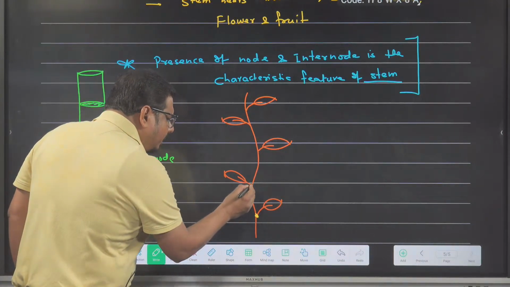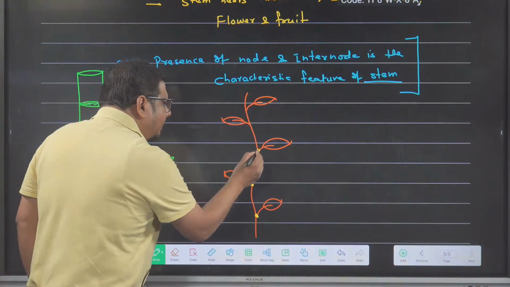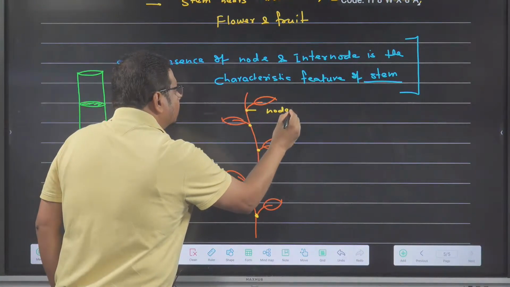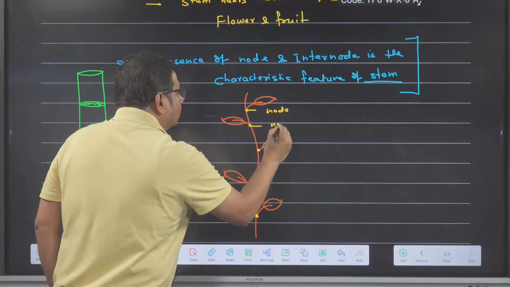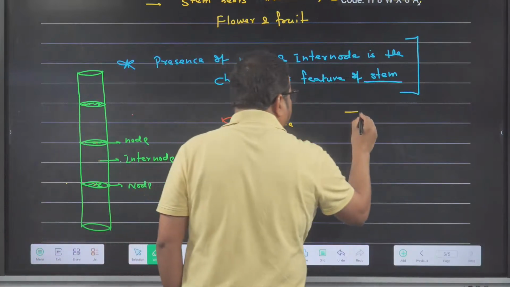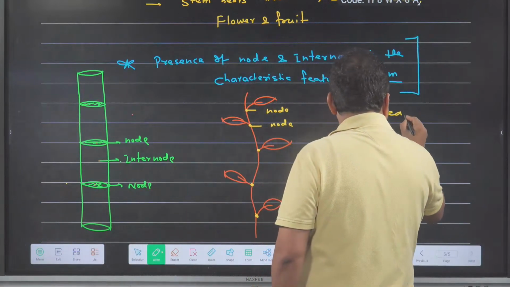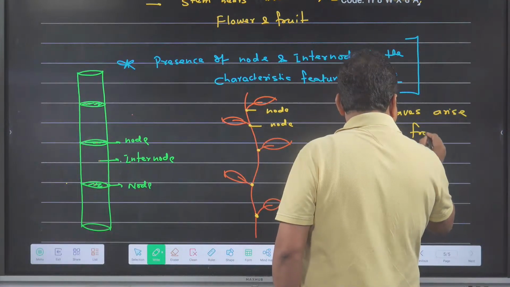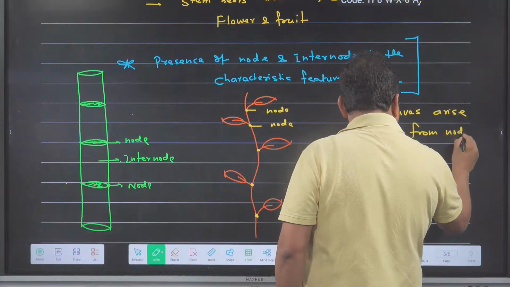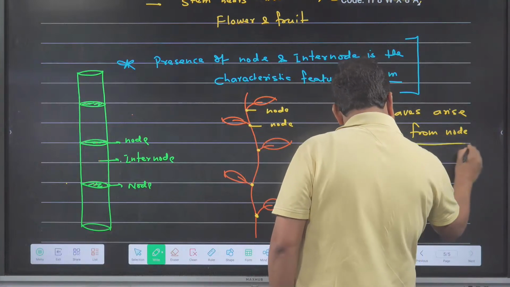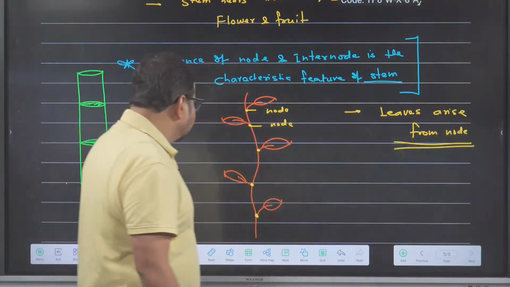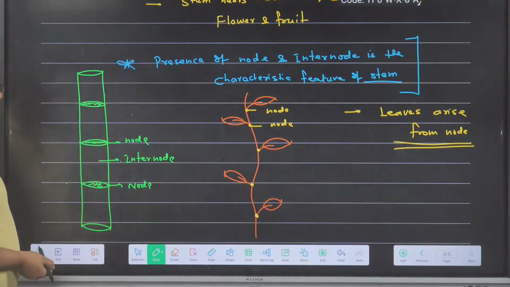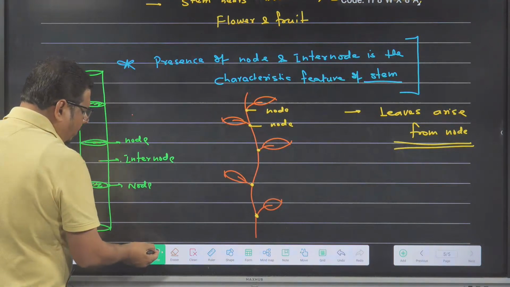So wherever leaves are there, compulsorily in that area nodes are there. So these are nodes. From where leaf is arising. So don't forget, leaves arise from nodes. Got the idea? Leaf arises from node. Getting the thing. So wherever leaf is there, node is present. Understanding the idea? So node and internode is the important characteristic of the stem.